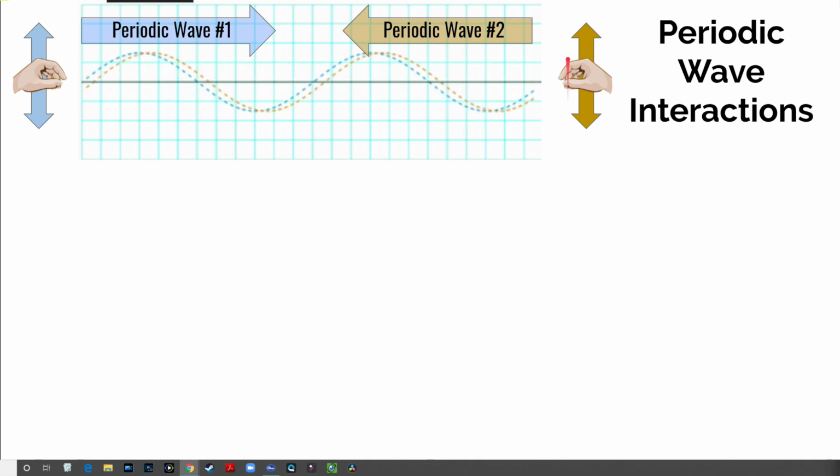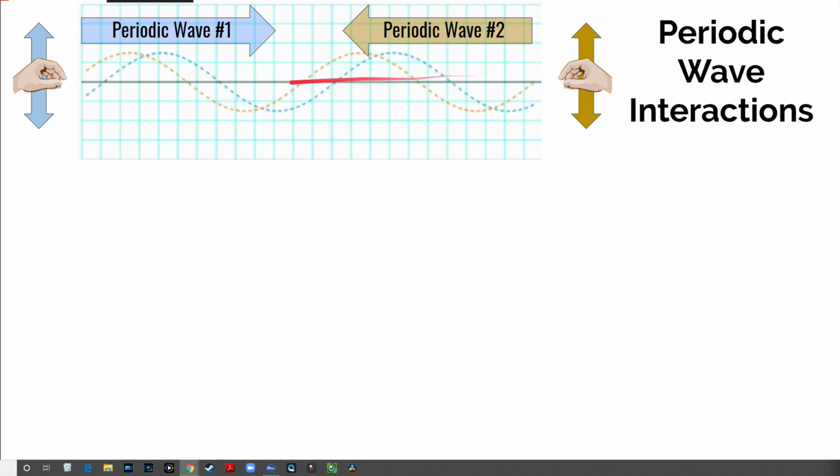On the right-hand side, let's say somebody's shaking the one end back and forth, and the dashed brown line will represent the periodic wave created by the person on the right-hand side that's moving to the left through the material. We're going to call that periodic wave number 2. On the left-hand side, we've got a blue dashed line which represents the periodic wave moving from left to right, moving through the material.